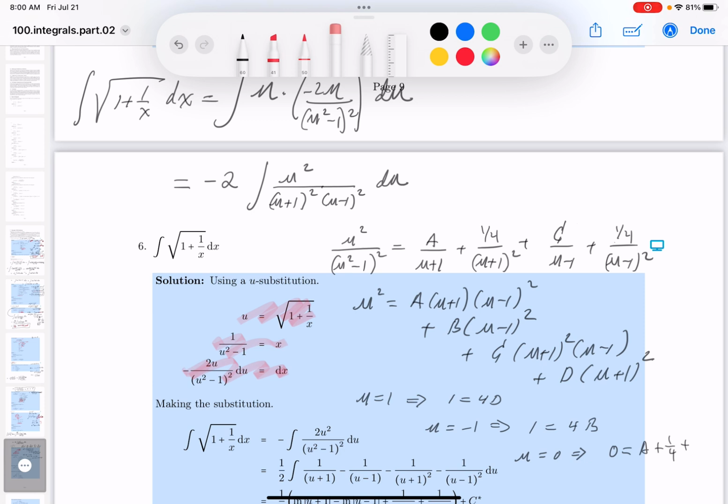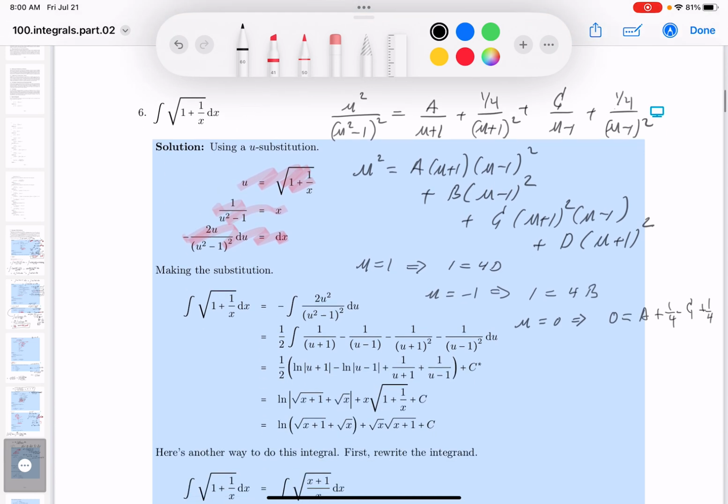Minus C. And then if I chose 0, I get the D, which is a quarter. And again, I realize for a lot of students it looks terrible, but it's not that bad. A quarter plus a quarter is a half. So you're going to get, let's write this down, 0 equals A minus C plus 1/2.